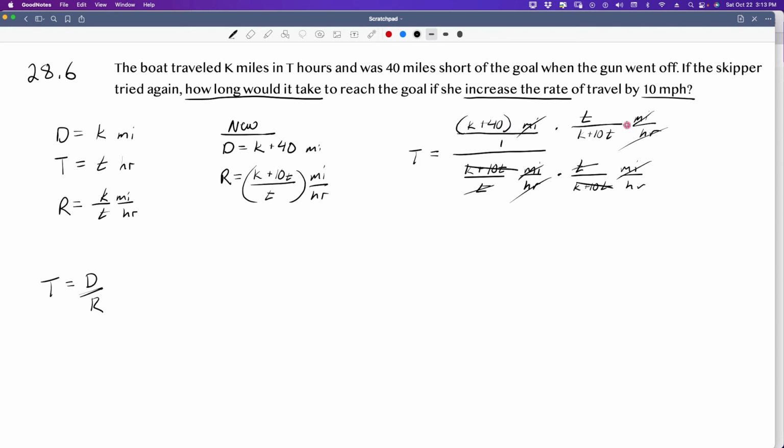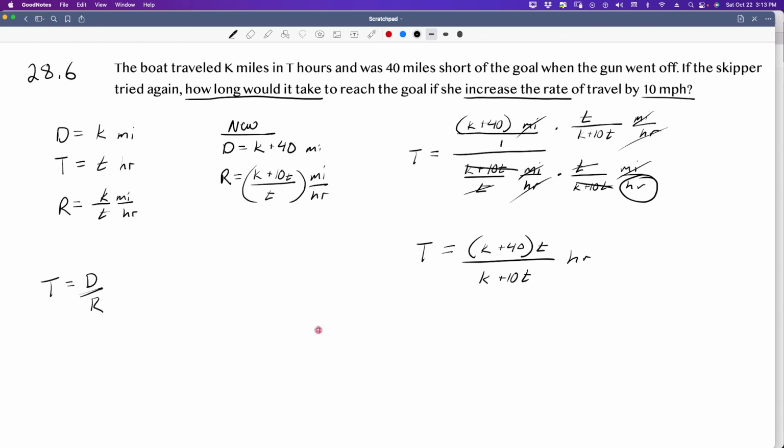So what we have left is this here. So our time is equal to K plus 40 times T over K plus 10T, and that's going to be hours because that's the only unit of measure we have remaining.